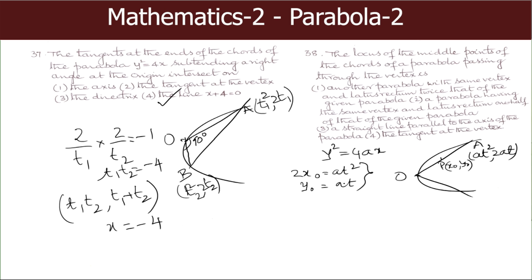So, the locus of P is obtained by eliminating t from these two equations. So, 2a x0 is equal to a square t square, that is equal to y0 square. Therefore, the locus of P is the parabola y square equal to 2ax.